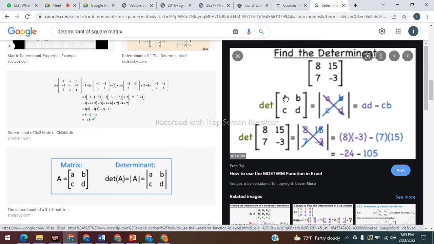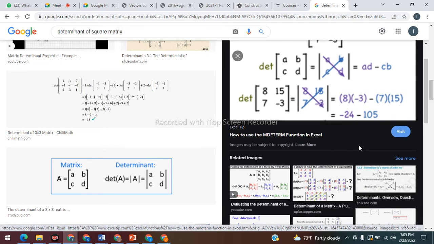The determinant is going to be A times D minus B times C. And if we have this matrix, 8, 15, 7, and 13, we're trying to find its determinant. It's just going to be 8 times 13, and then 7 times 15. We subtract them and we get our answer.